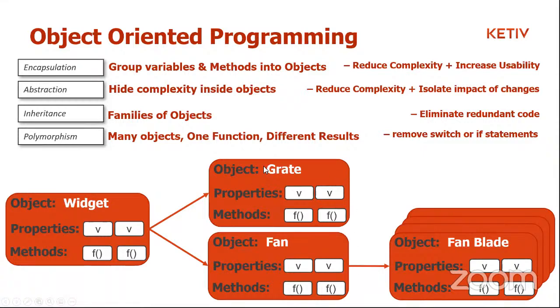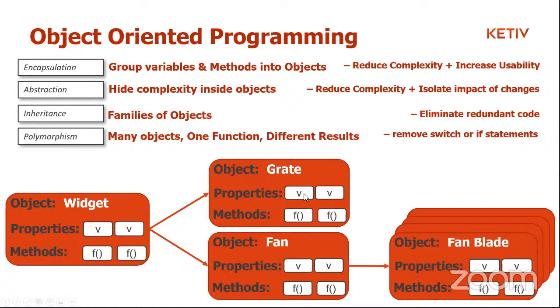Here we could use the parts as good excuses to make 2 classes, the grate class and the fan class. Those would be classes, and when we made instances of them, they would be objects, so class objects.